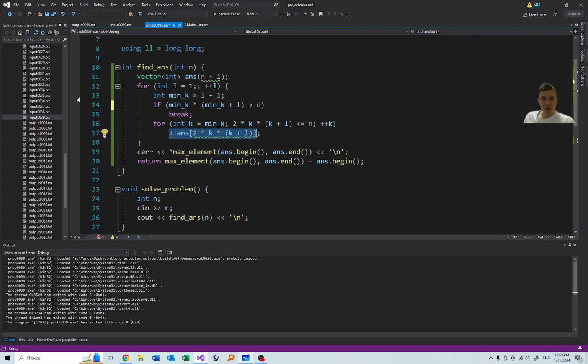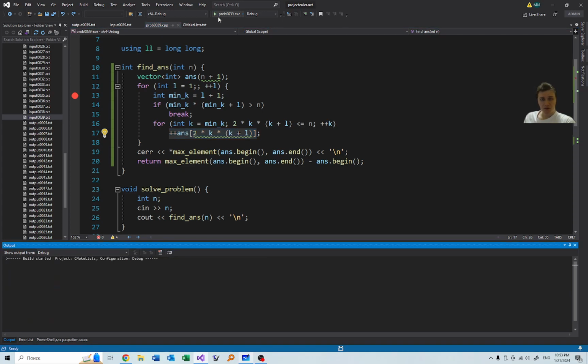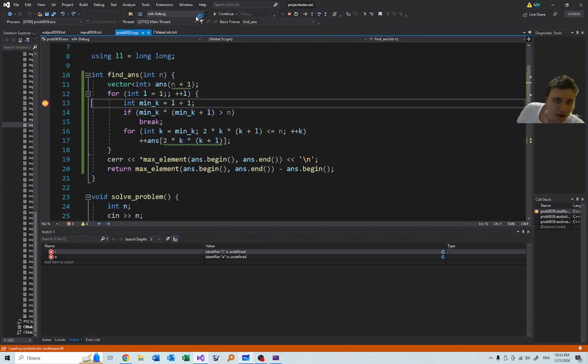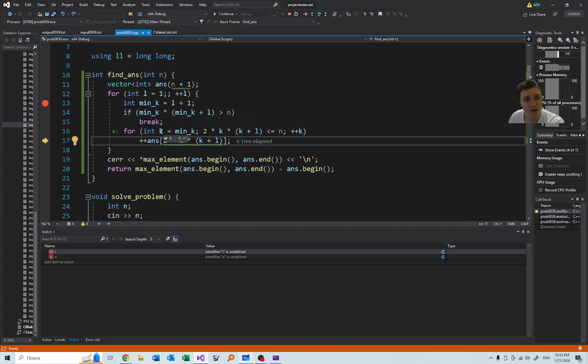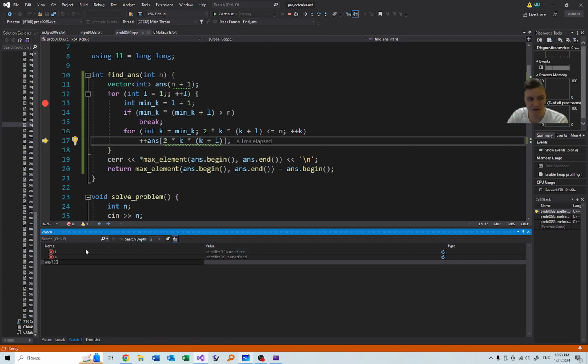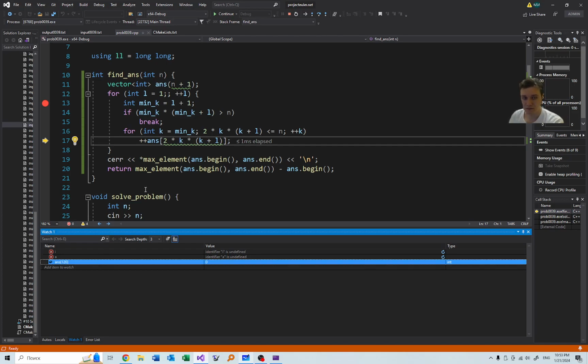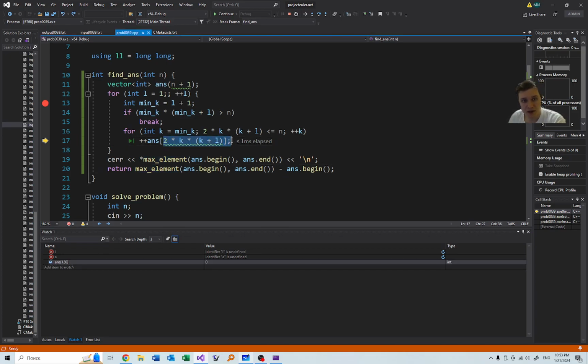Okay, I don't know. Why doesn't it work? What prevents it? So l equals 4. So now 120 should increment. Why is that?